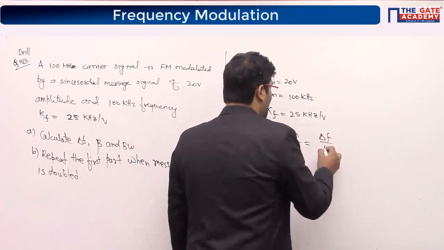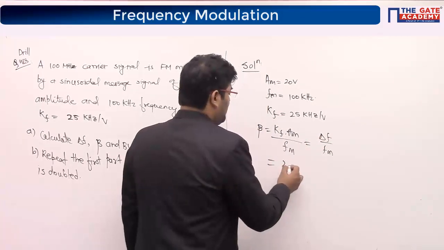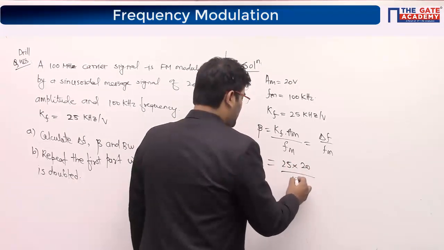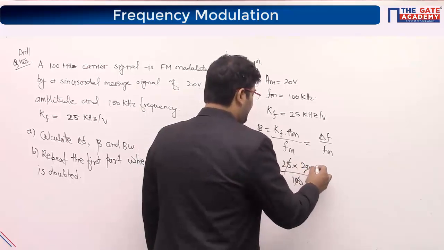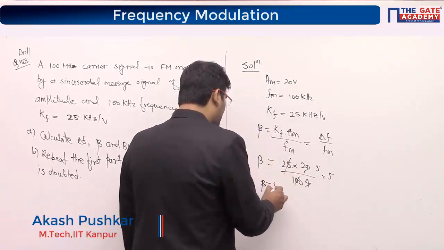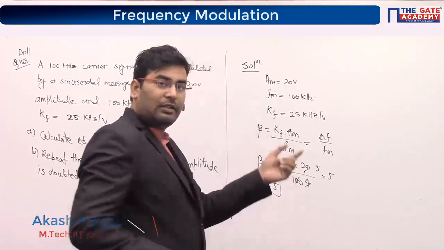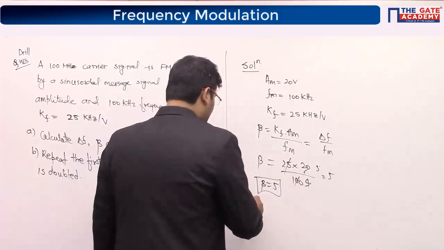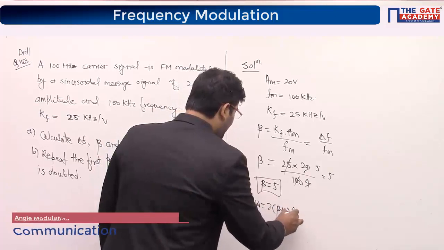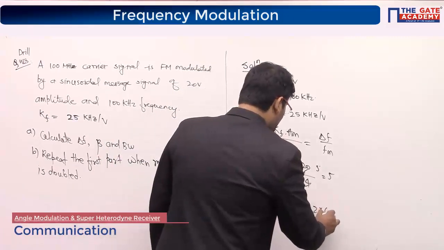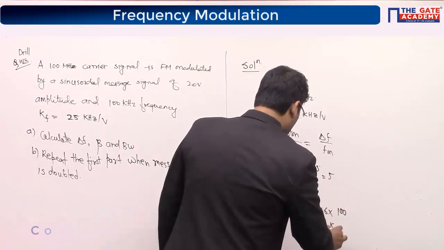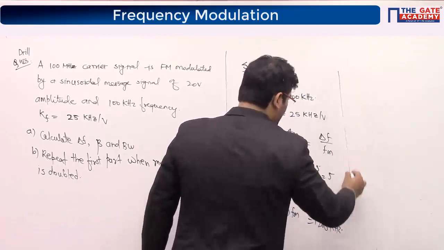Or you can also write delta F by FM. So KF is 25, AM is 20 divided by 100. So it is 5. So beta is 5. And guys, always check whether beta is greater than 1 or not. If it is greater than 1, then bandwidth is by Carson's rule. Otherwise, it is just twice FM. So bandwidth is 2 into beta plus 1 into FM. So it is 2 into 6 into 100. So it is 1200 kilohertz, or you can also say 1.2 megahertz.